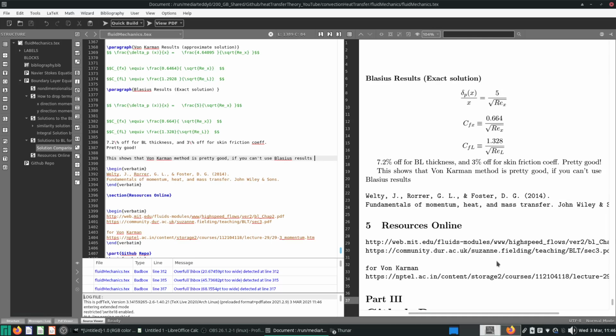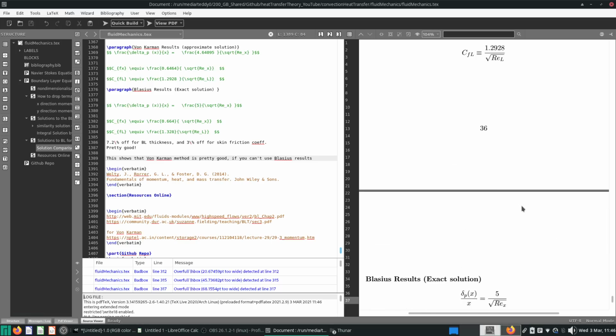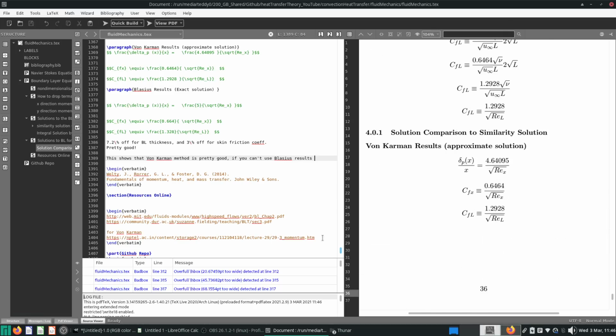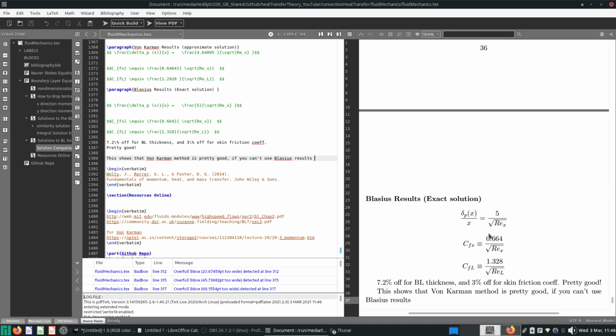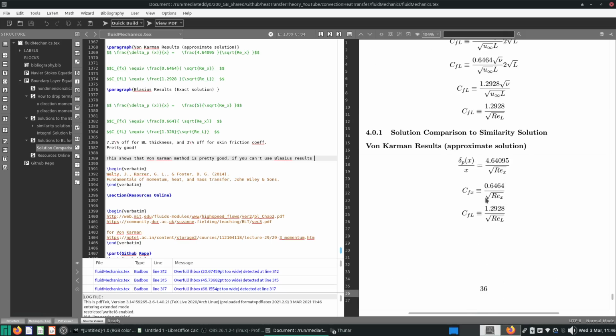Okay, so that means maybe it's good for something like a hydrofoil, meaning an underwater wing. Von Karman may be quite useful for that. But the point is to show you that you don't always have to go 100% accurate as with Blasius results. You can go with the von Karman results and you'll be totally fine. That's the point I'm trying to make, and that's the point that textbooks are also trying to make.